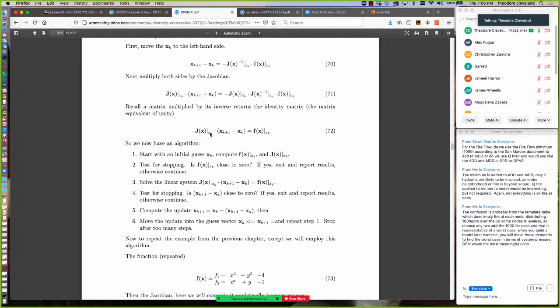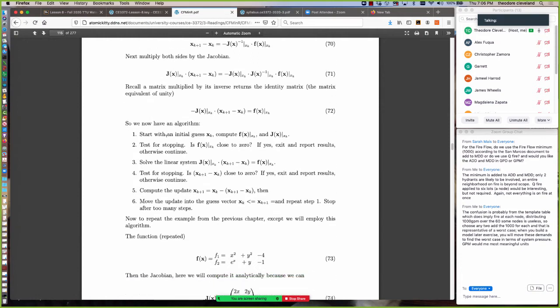So we know the Jacobian, we know the f of x, we don't know x of k plus 1 minus x of k, but we do know x of k, so we can solve this linear system at this instant for everything here in the parentheses. And then once we have that, we subtract x of k from it, and that gives us the new update.